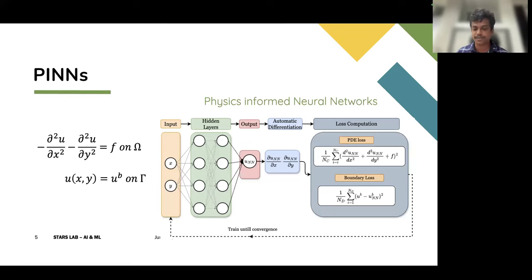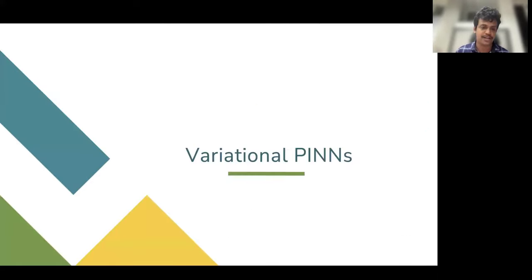You use those terms as the residual loss while training your neural network. You also add some supervised loss in terms of the boundary components and their boundary values, and you have a neural network which is trained to predict the solution at any spatial point or time in a time-dependent problem for a given PDE and boundary condition.